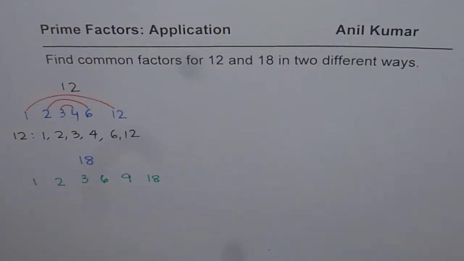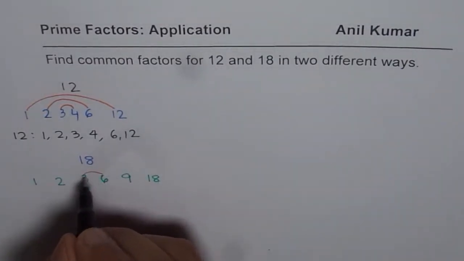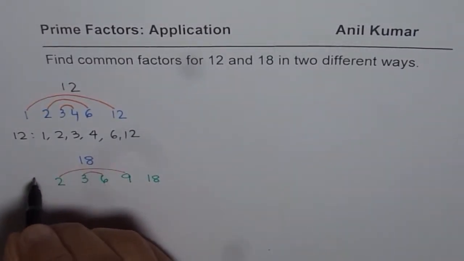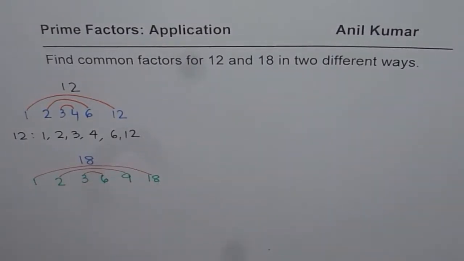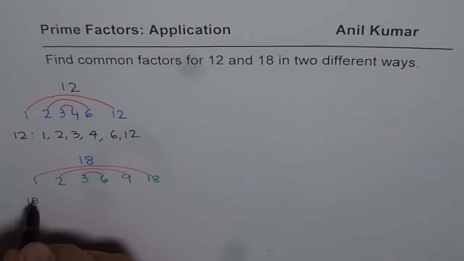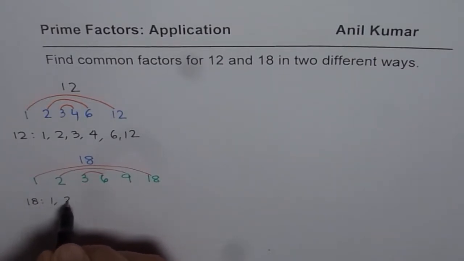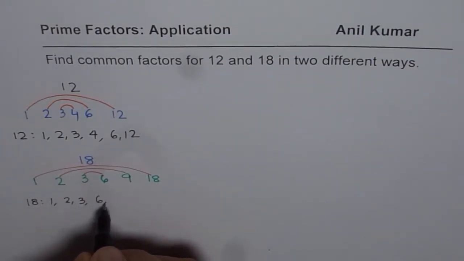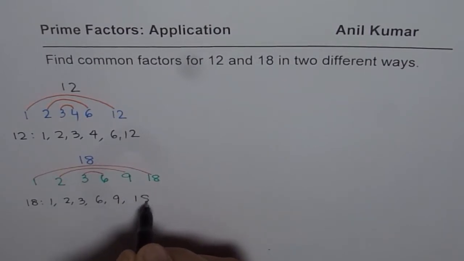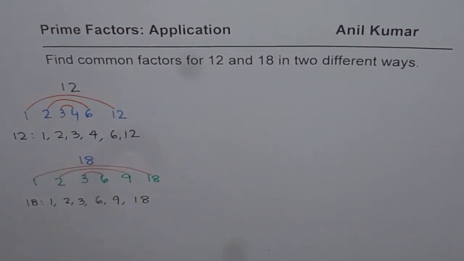So factors for 18 are 1, 2, 3, 6, 9, and 18. Remember, 1 and the number itself will always be a factor of any number.